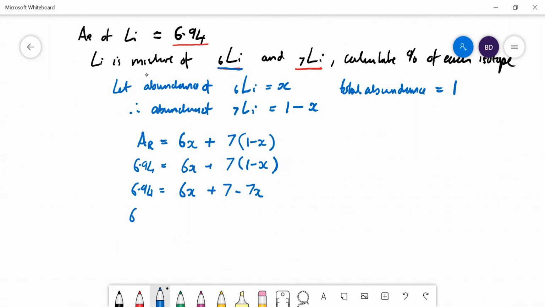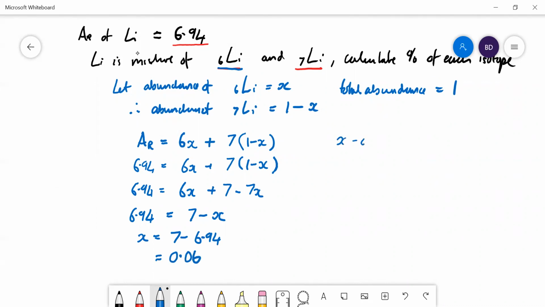So 6.94 is equal to 6X plus 7 minus 7X. So therefore we're going to simplify that. We get 6.94 is equal to 7 minus X, since 6X minus 7X is minus X. So that means X is equal to 7 minus 6.94, which is equal to 0.06. What is X?